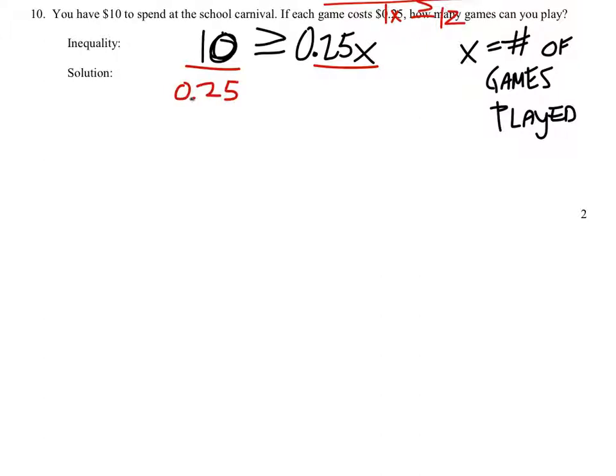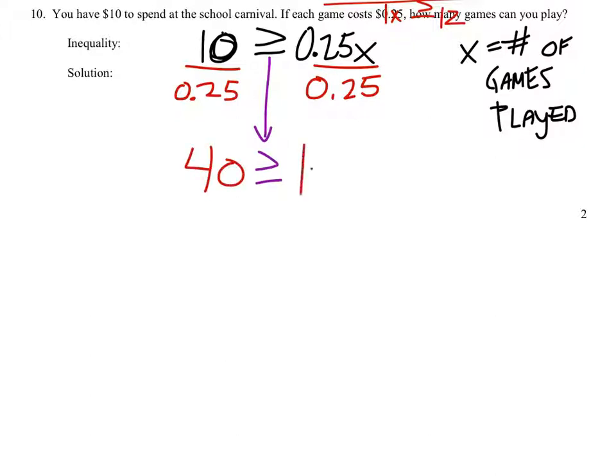Now, did we divide in this case both sides by negative? No, we didn't. We divided both sides by a positive 0.25, which means it's going to stay greater than or equal to. And 10 divided by 0.25 is 40.